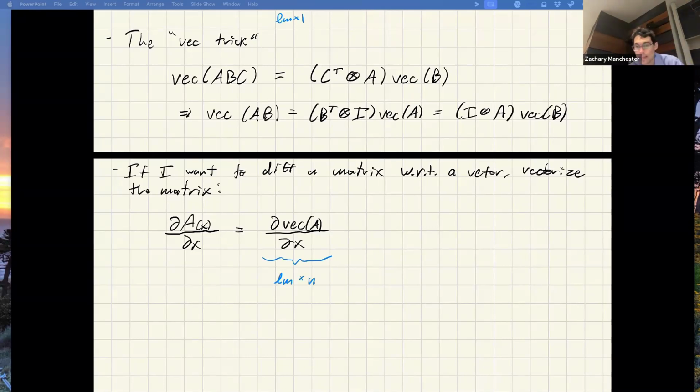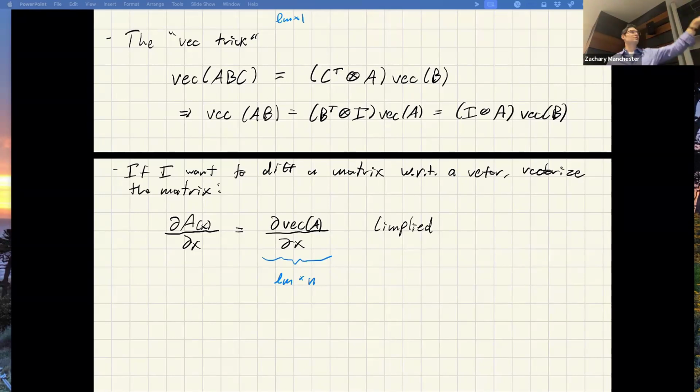N, if X is n-dimensional. And what we're going to do now is overload notation a little bit. Anytime I write dA dx for any matrix A, the vec is implied. Whenever I take a derivative of a matrix, you're always just going to assume it's vectorized. And if you follow the conventions and do the other things we talked about, chain rule still works.